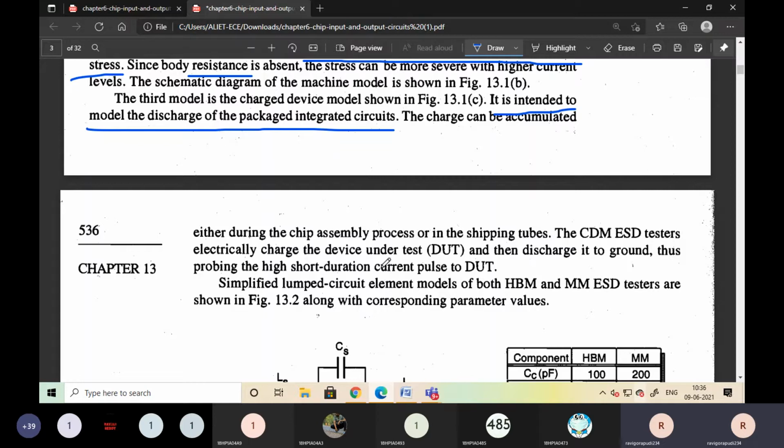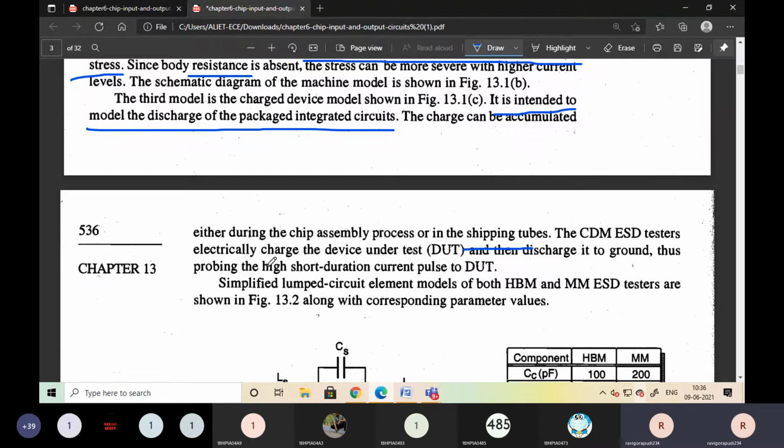Whenever we are connecting one IC with another IC or with another circuit, or shipping to other tubes, this will occur. The CDM ESD, charged device model electrostatic discharge.